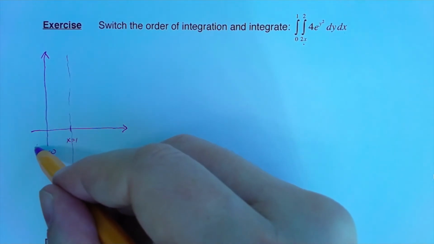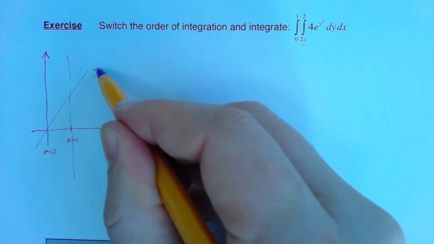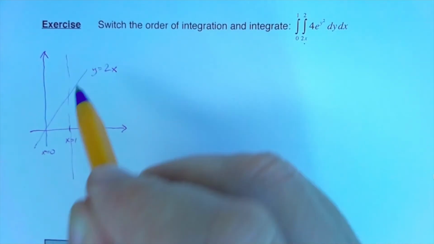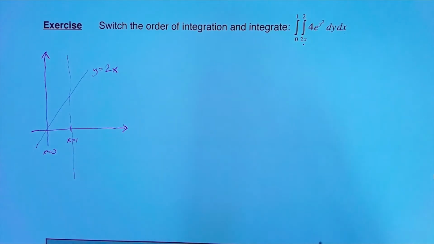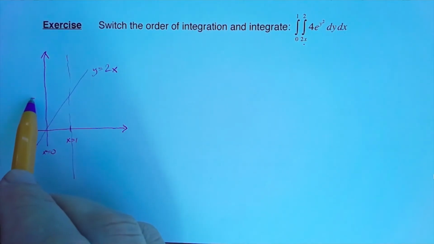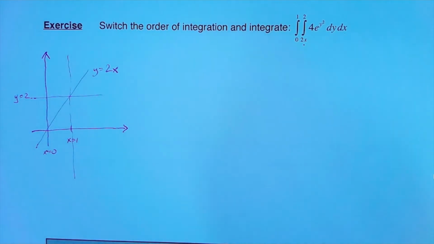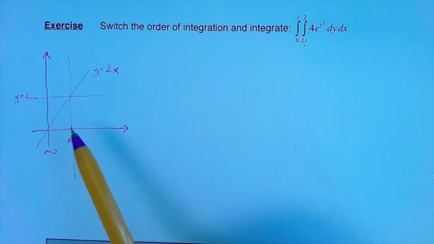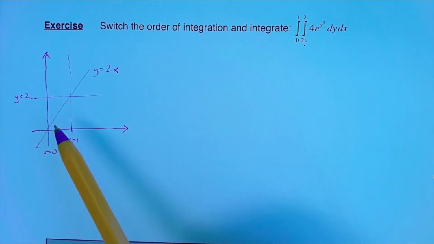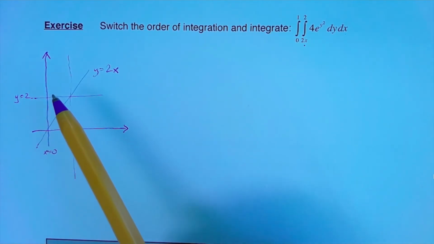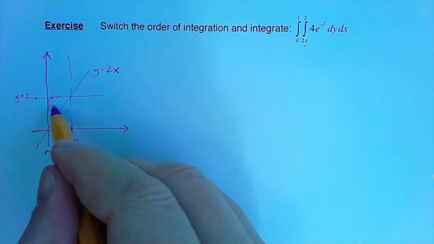So y equals 2x, and then y equals 2, in fact, goes exactly through the intersection here. So what region are we talking about? x goes from 0 to 1, y goes from 2x to 2, so it is this region.